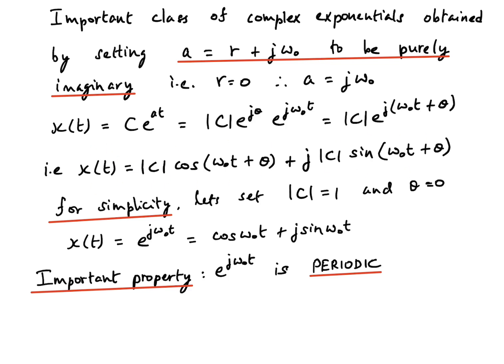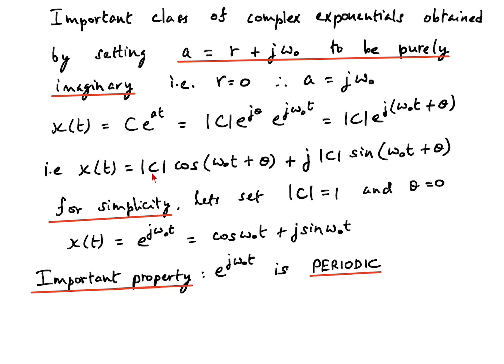The real and imaginary parts are sinusoidal signals, but they are multiplied only with a constant factor. They are not exponentially growing or decaying. They have a constant peak amplitude, a constant envelope, that is.